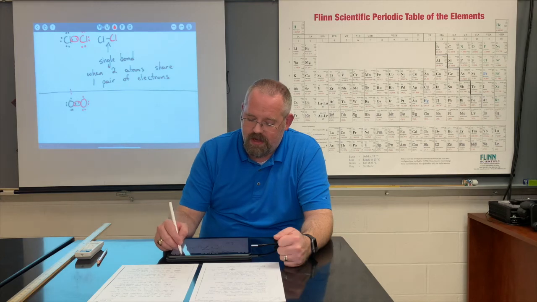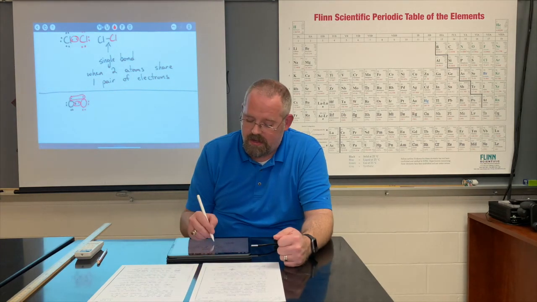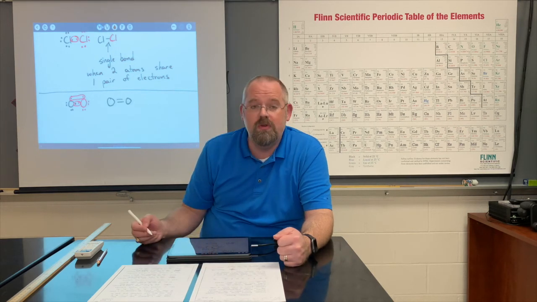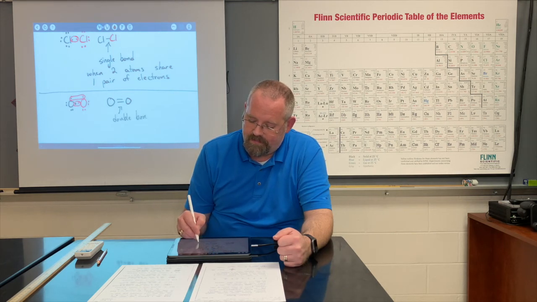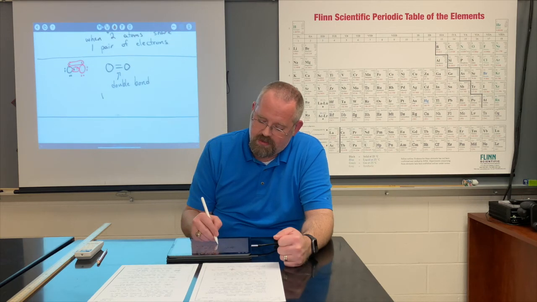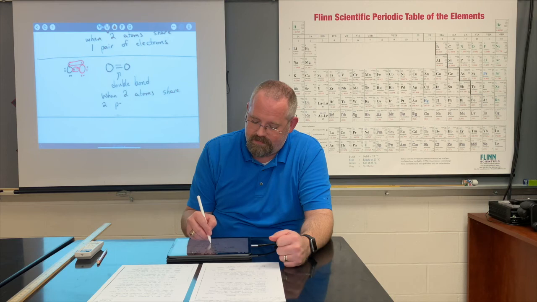So what actually needs to happen is they're going to share here as well, and I end up with a molecule that has two lines, and this is called a double bond. So a double bond is when two atoms share two pairs of electrons.